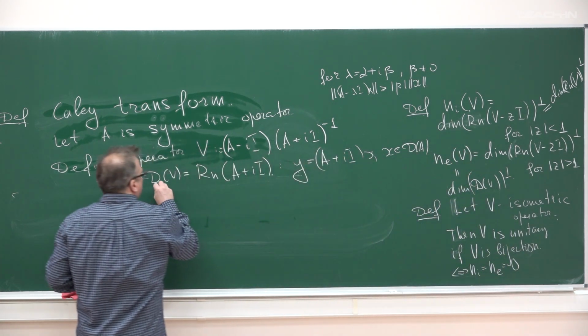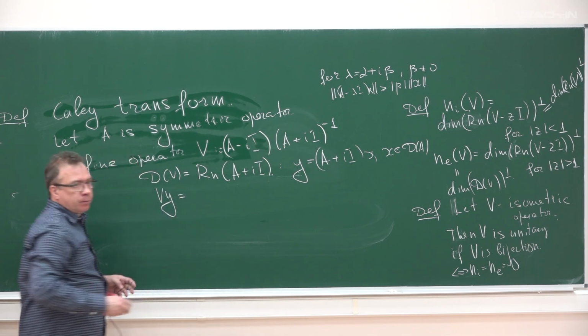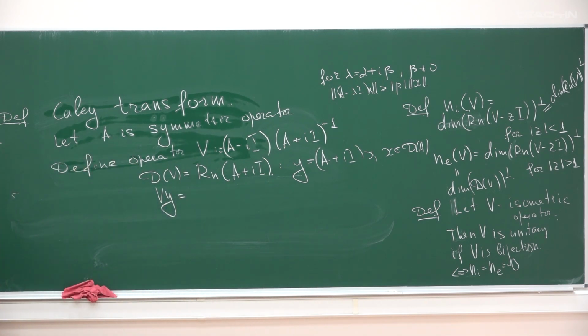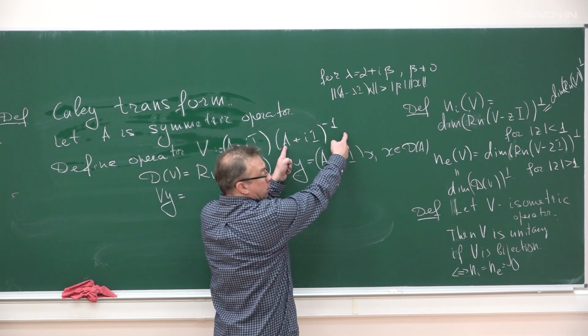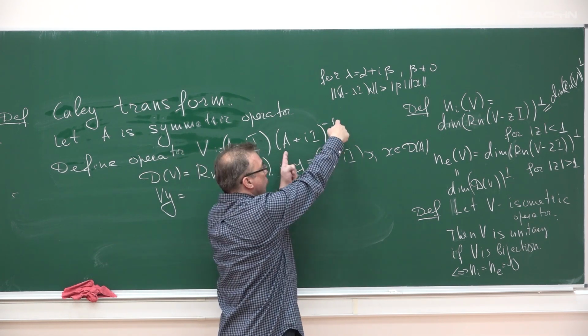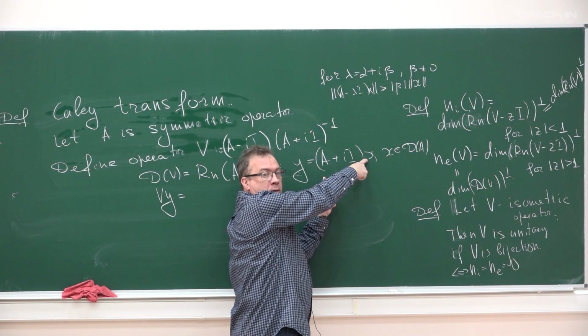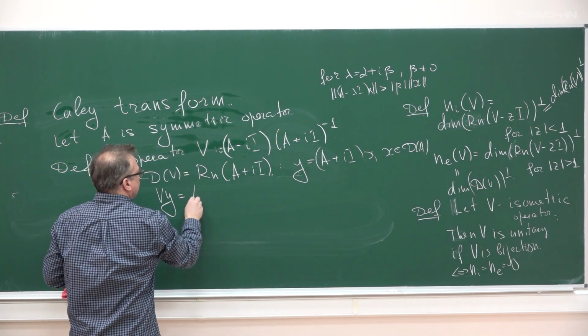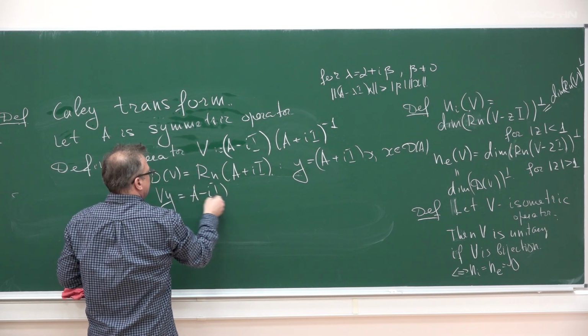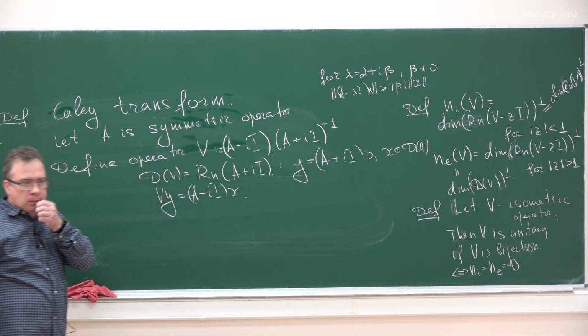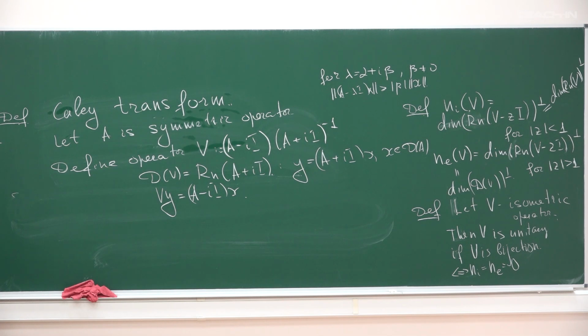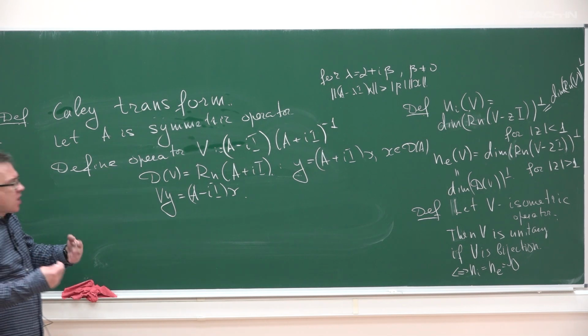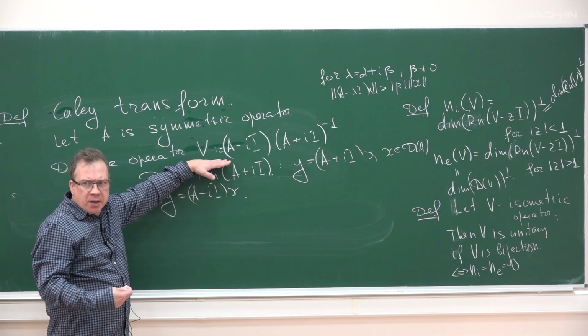And the action of operator V, what do you obtain? Put it in this place. So this operator reduces with this operator, because it is the inverse for this operator from the range. So this is a more precise definition of this operator in detail.